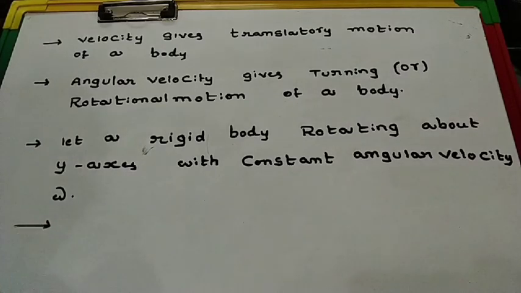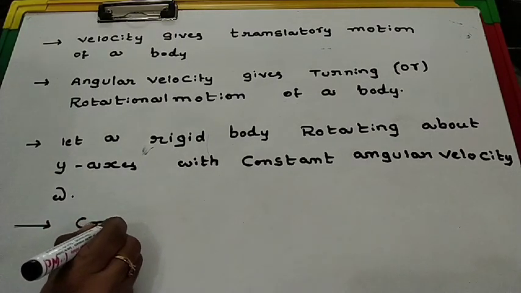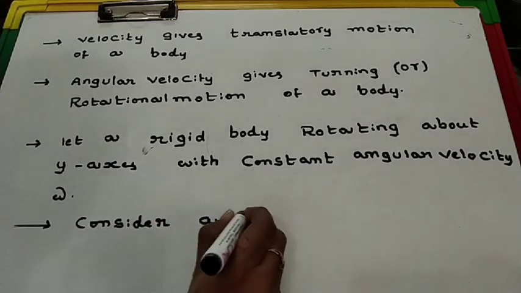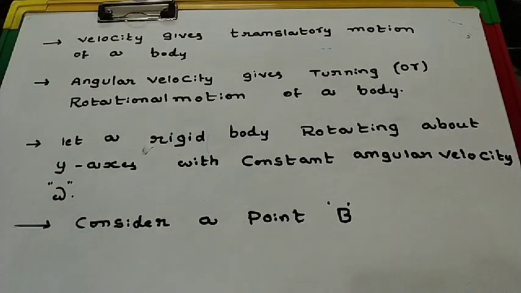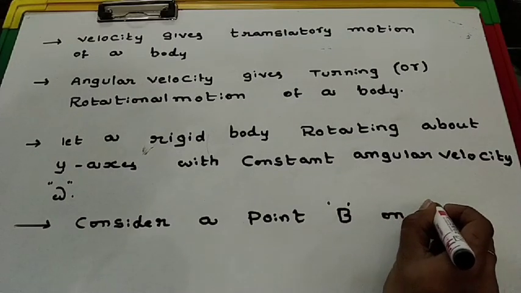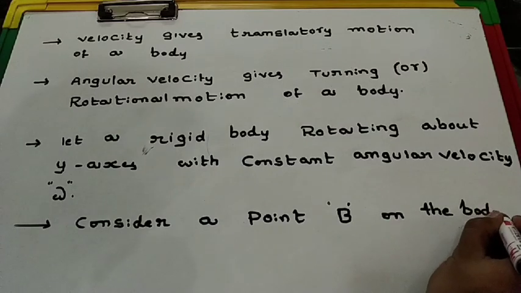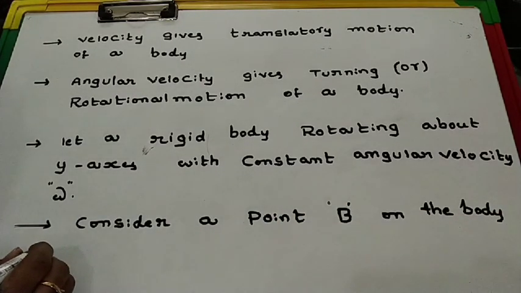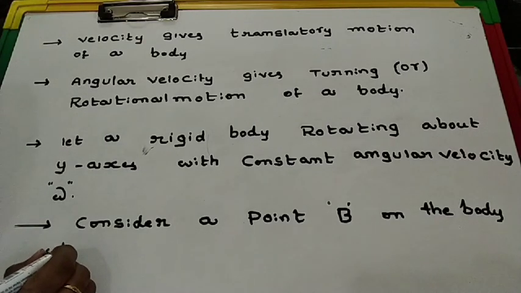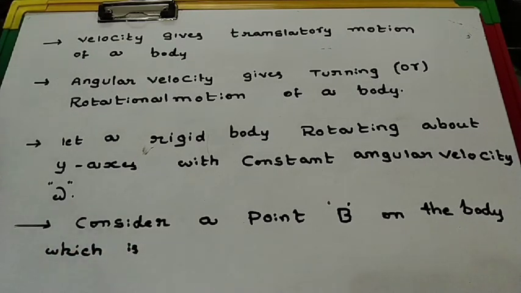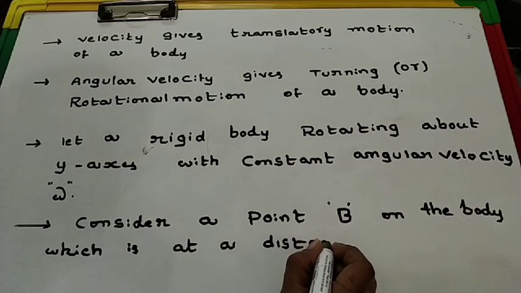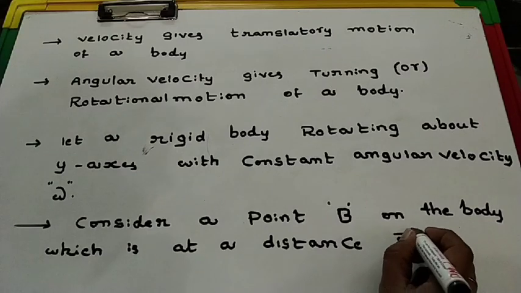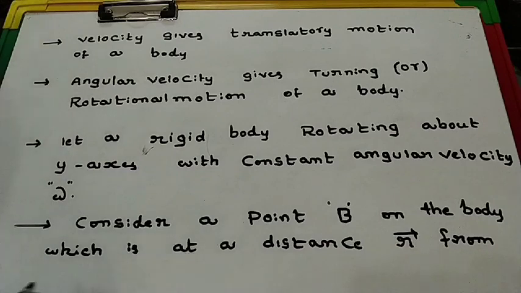Now consider a point B on the body which is at a distance r, small r, from the origin.